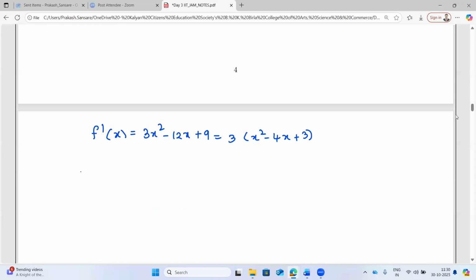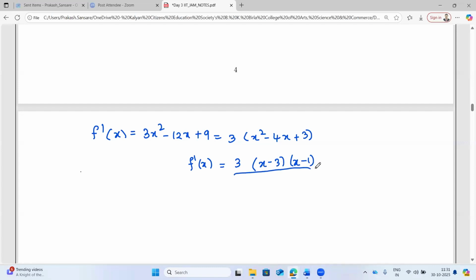Now I can write this as 3 times x minus 3 and x minus 1. So my f dash x is equal to 3 times x minus 3, x minus 1.